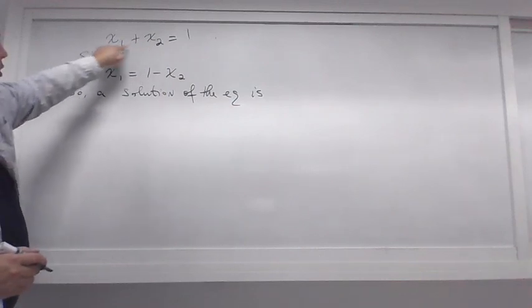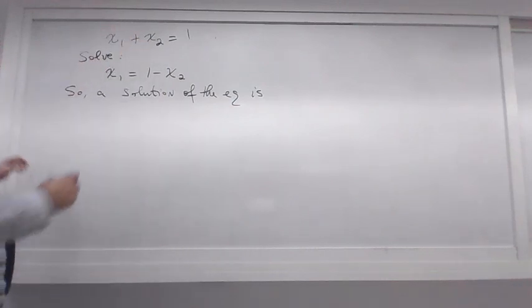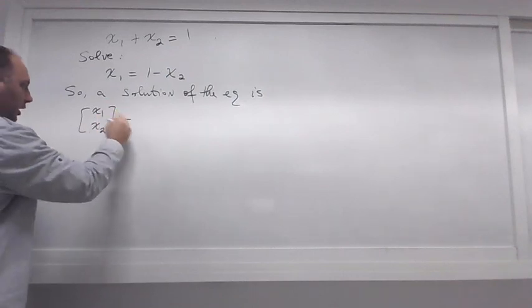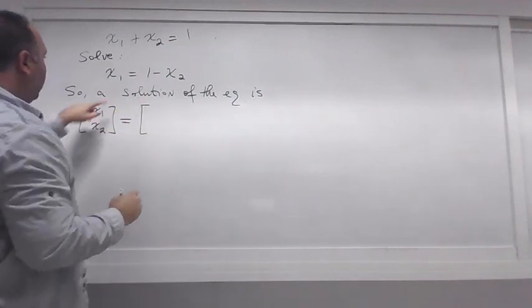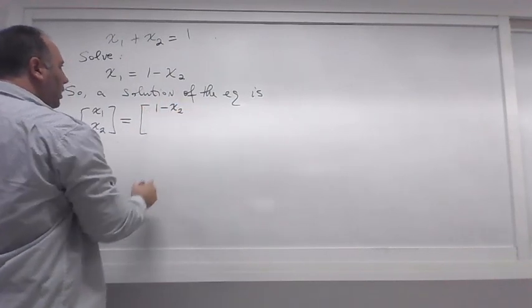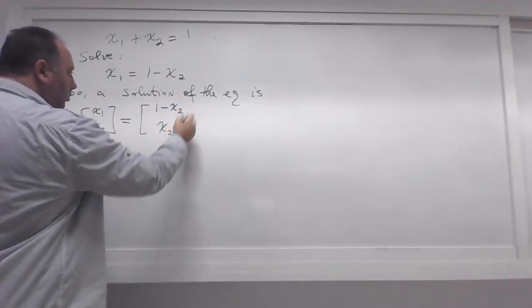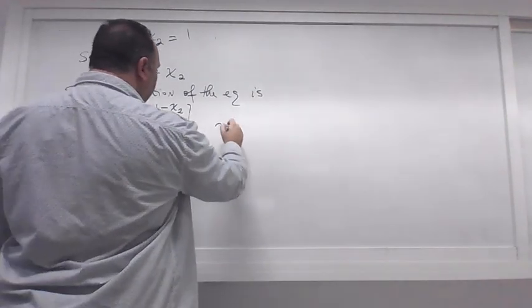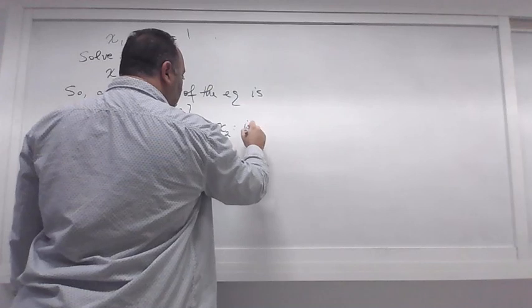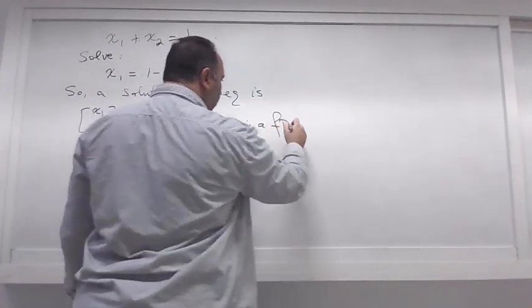Well, since I have two unknowns, x1 and x2, the solution needs to contain x1 and x2, right? Equal, so x1 is this expression, 1 minus x2, and x2 is x2. And then we will say x2 is a free variable.